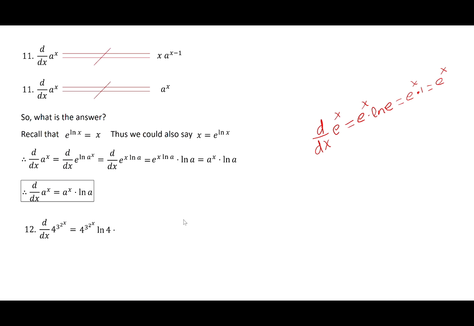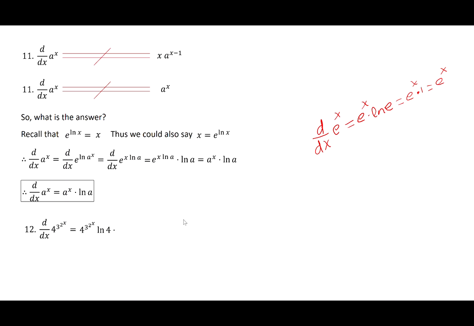Derivative is 4 to the u natural log of 4. Cool. Times the derivative of u itself. What is u? u is 3 to the 2 to the x. So the derivative of 3 to the 2 to the x.